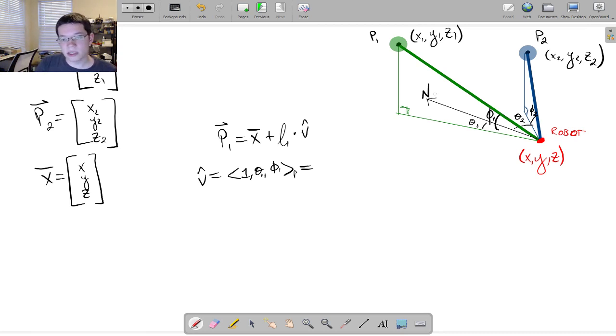We'll let this be positive y. It's a right-handed coordinate system. So this will be plus y.